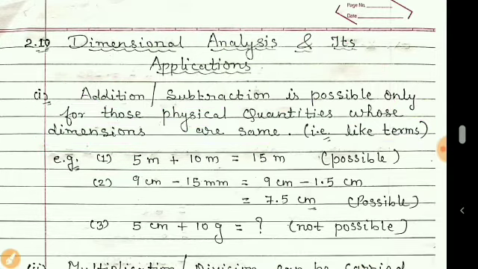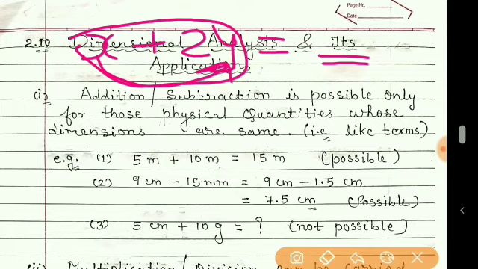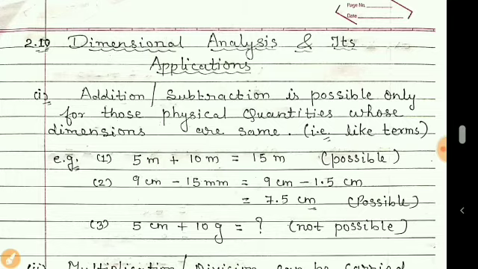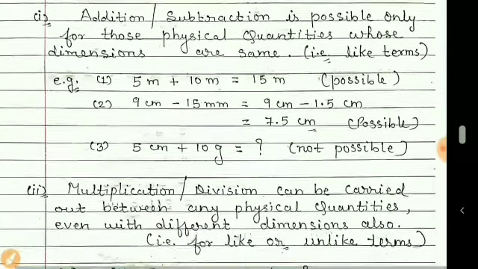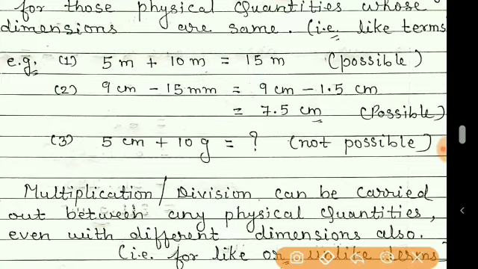But if I want to add x plus 2y, then it is not possible, because x and y are different variables. So after this it is not possible to obtain the result. So similarly here also I have given these examples so that you can easily understand this.